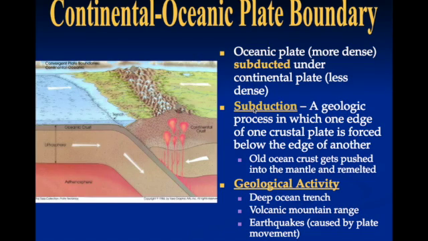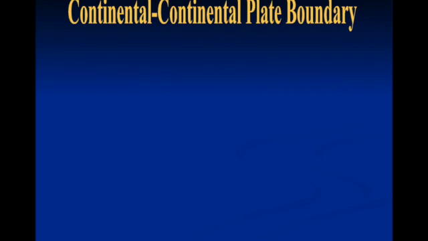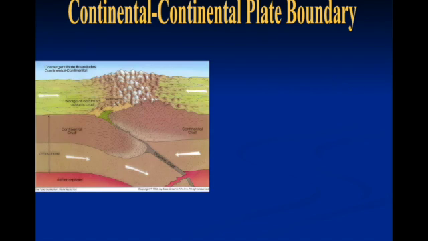When you know that there's subduction, then you will know some of the geologic activity. We'll come back and talk about that when we get to oceanic plate boundaries on the second slide. But let's start with continental plate boundaries.